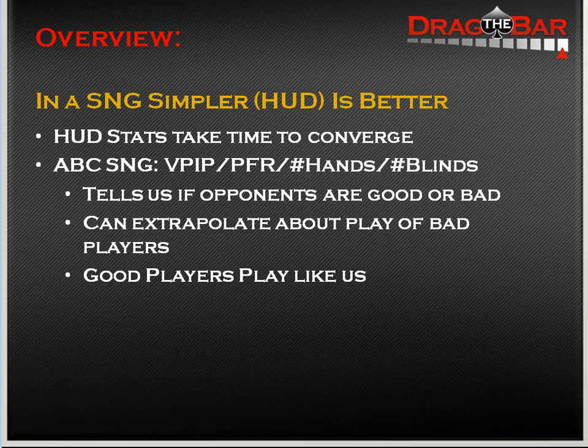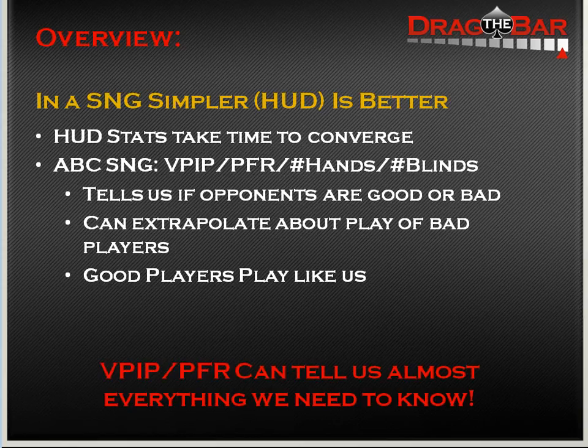So simply using VPIP and PFR can help us bin players into two categories, good or bad. If they're bad, we assume they play like bad players, and if they're good, we assume they play like we do. So VPIP and PFR can tell us pretty much everything we need to know for a sit and go.